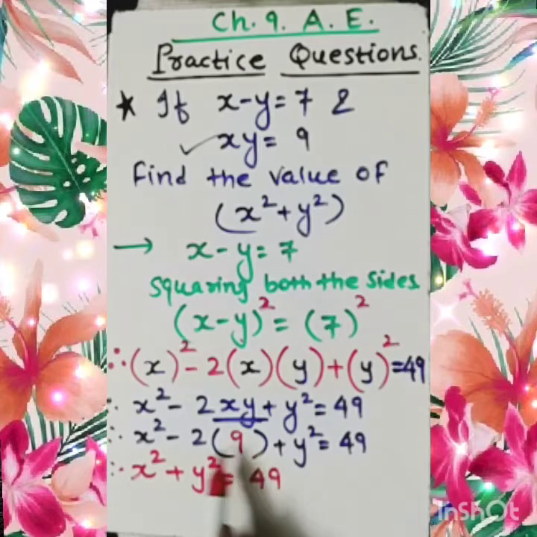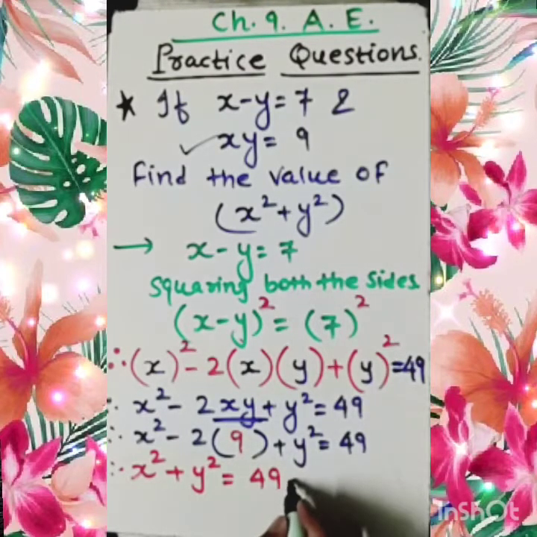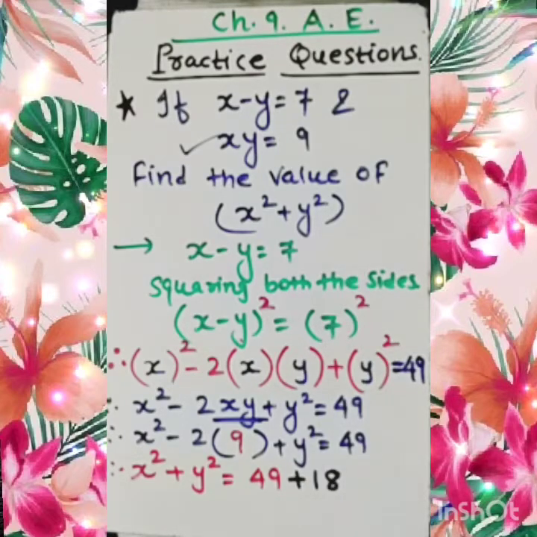Now what about this term? 9 into 2, 18. Here it is minus 18 on the left side. I am bringing it to the right side. It will become plus 18. Fine. Therefore, x square plus y square is equal to 49 plus 18.